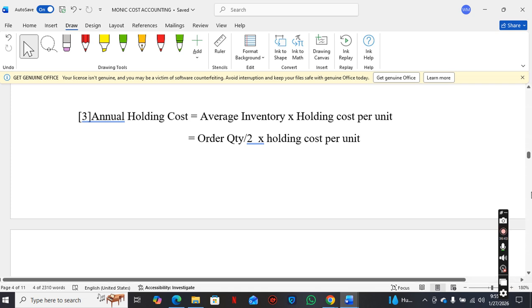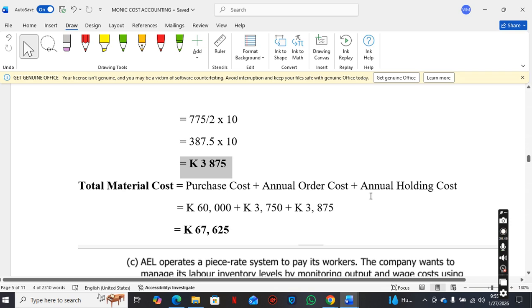So the total materials cost: the purchase, plus the order cost, plus the holding cost. So 60,000 plus 3,750 plus 3,875, we get 67,625.